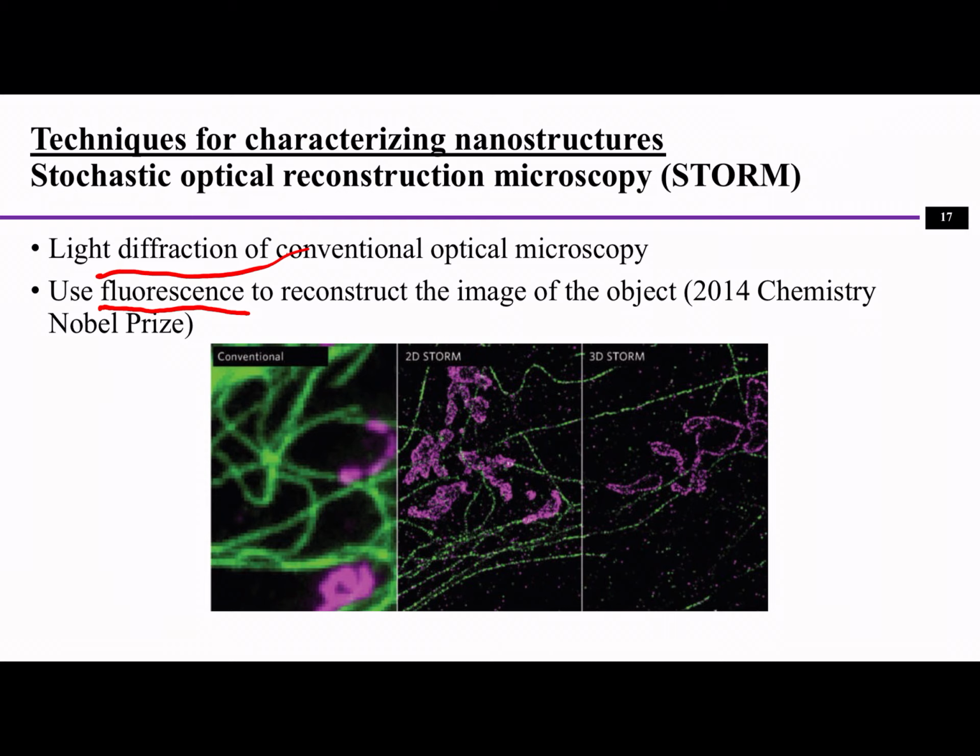People have developed different methods like 2D STORM and also 3D STORM. The method of using fluorescence to reconstruct the image of the object received the 2014 Chemistry Nobel Prize for categorizing the structures and materials at the nanoscale.